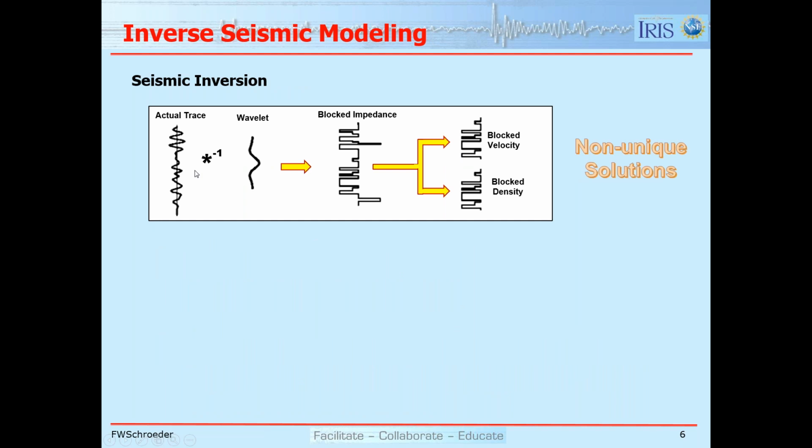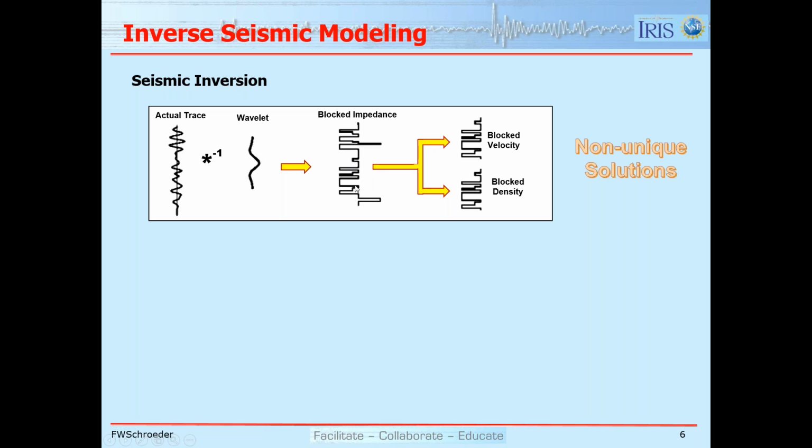Seismic inversion: I have the convolution operator with the -1 to indicate it's an inversion process. We begin with the actual seismic trace. We supply a wavelet, and what we're trying to get back to is blocked impedance.